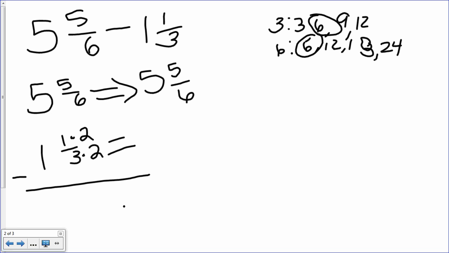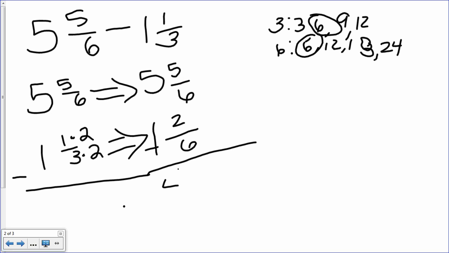Now that I've done that, I can say, all right, my new mixed number is 1 and 2 6ths. Now that the denominators match, I can go ahead and subtract. 5 minus 1 is 4, and 5 minus 2 is 3.